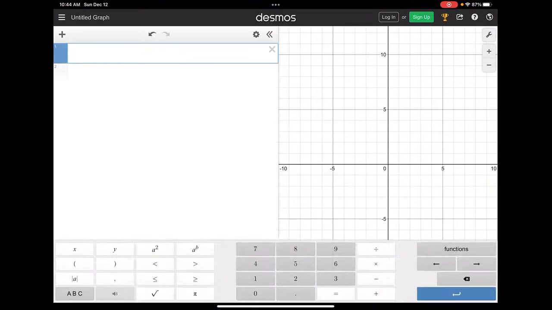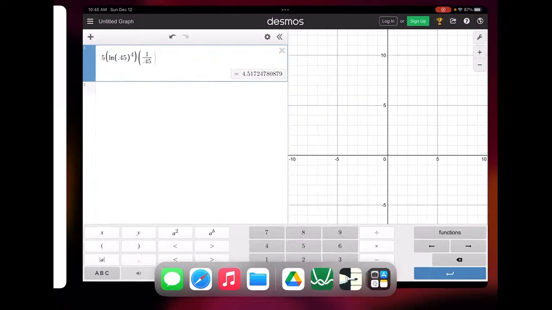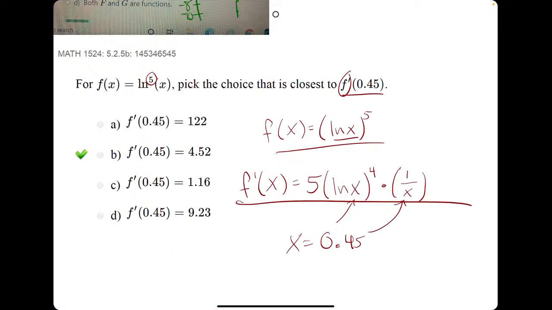So we have 5 times ln of 0.45 raised to the fourth, times 1 over 0.45. So I get 4.5-ish, which is pretty spot on there.